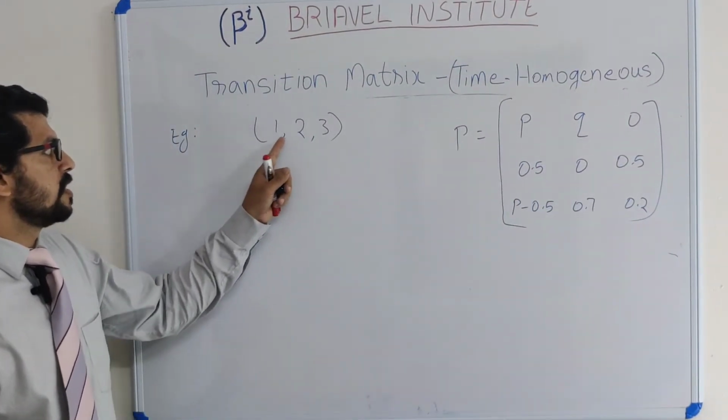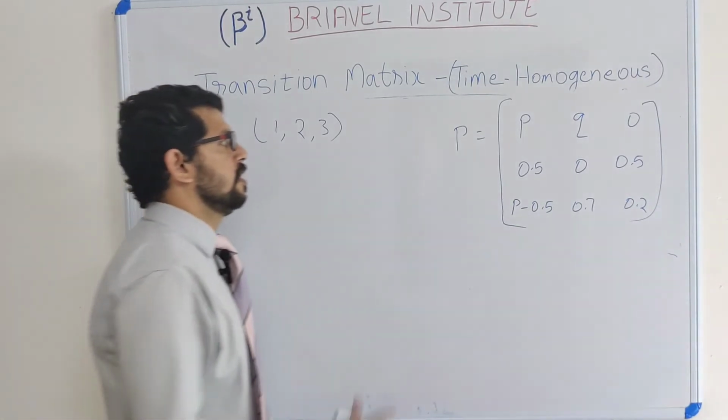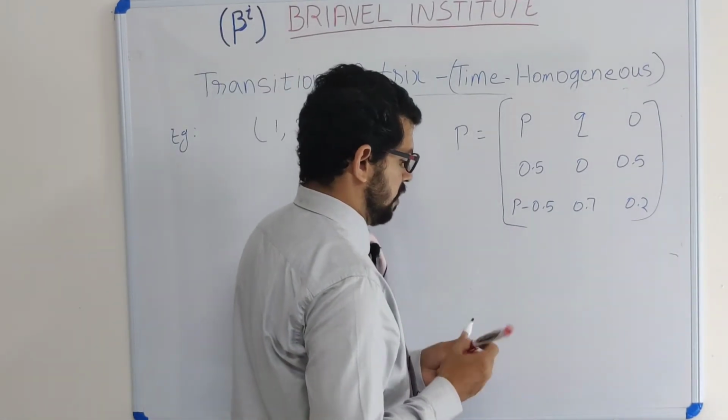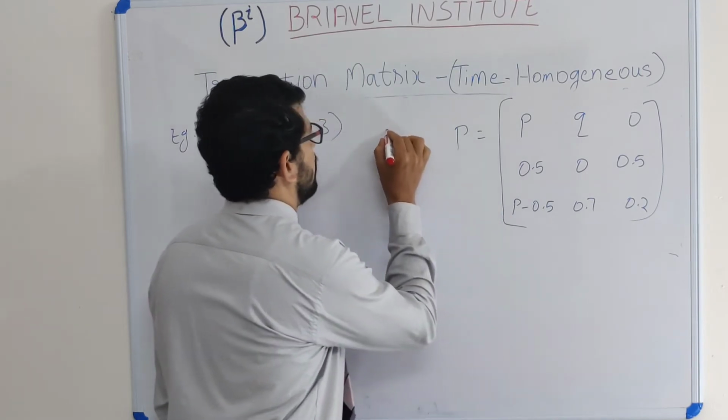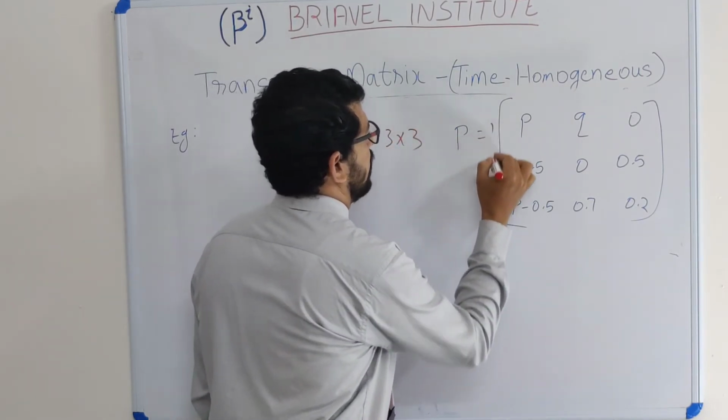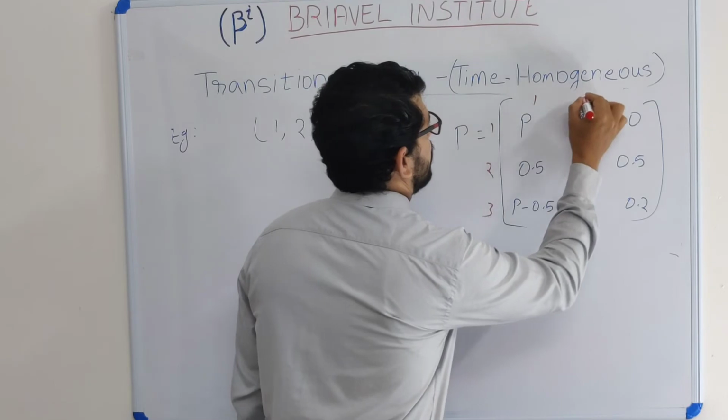What are the state spaces available? 1, 2, 3. So these are the state space. This is a 3 into 3 square matrix, with rows 1, 2, 3 and columns 1, 2, 3.